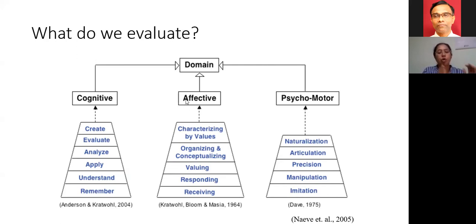So cognitive is one particular domain. There are affective and psychomotor, two other domains that we have to talk about when we talk about teaching and learning and evaluation. If you talk about the affective domain, values, characterizing by values, organizing, conceptualizing, valuing, responding, all these things we do not consider much.